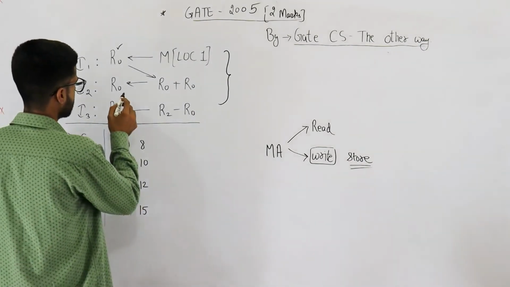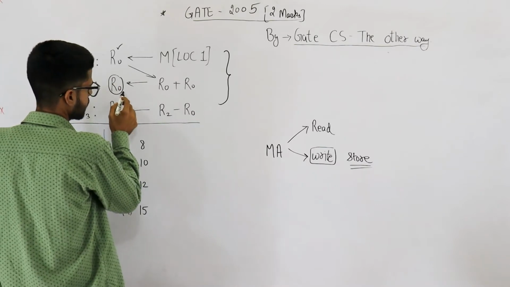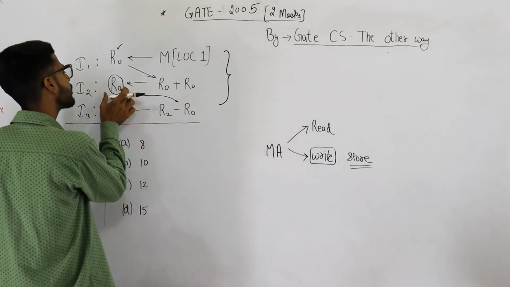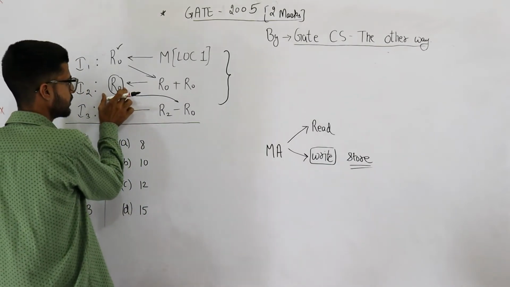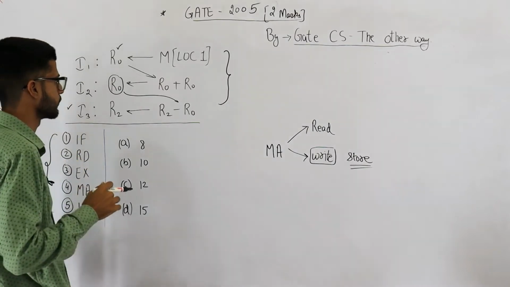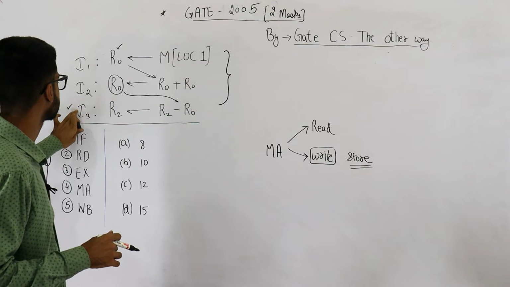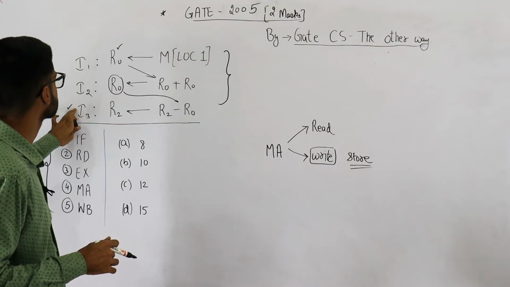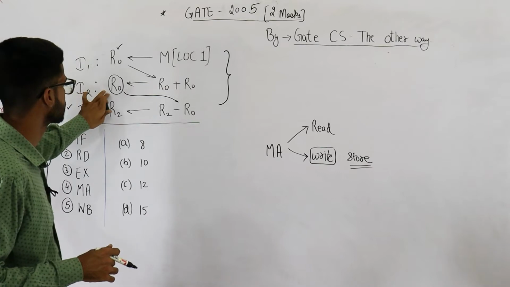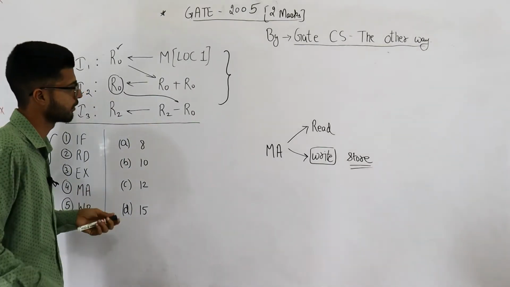So this value R0 produced in instruction I2 is being used in instruction I3 also. That means similarly, this instruction I3 is a consumer instruction for instruction I2. I2 produces some value which is used by instruction I3.